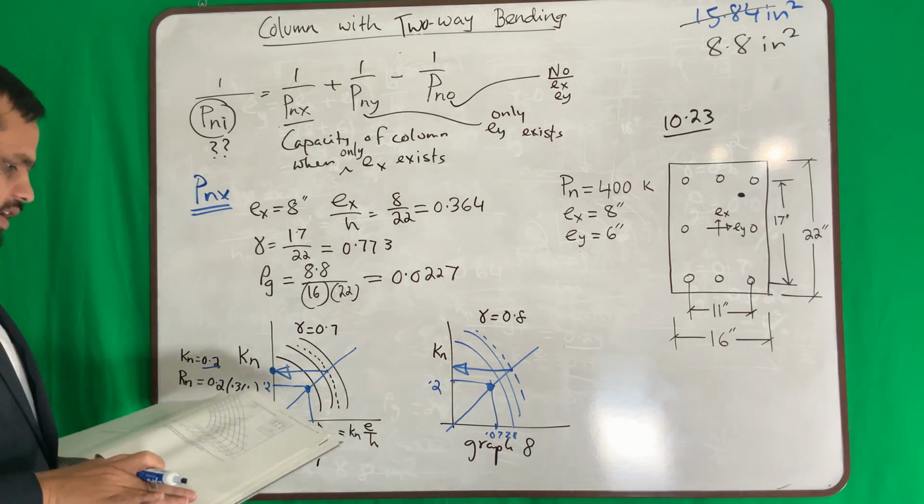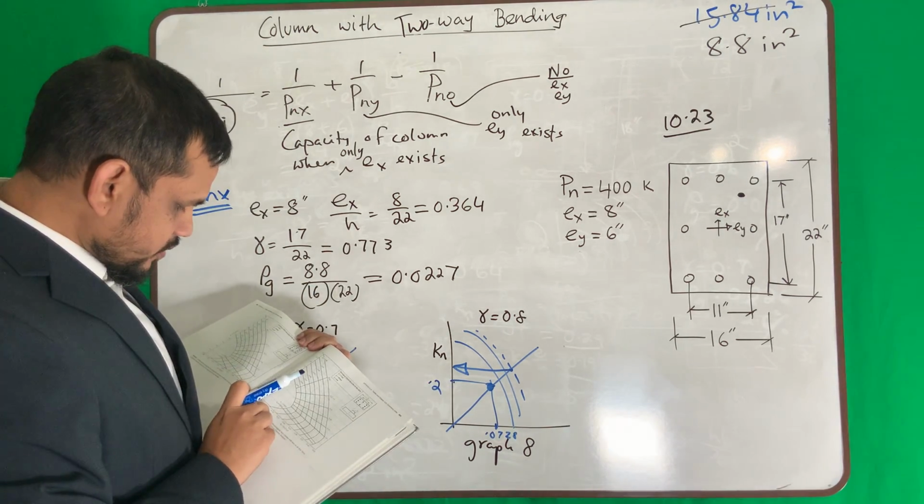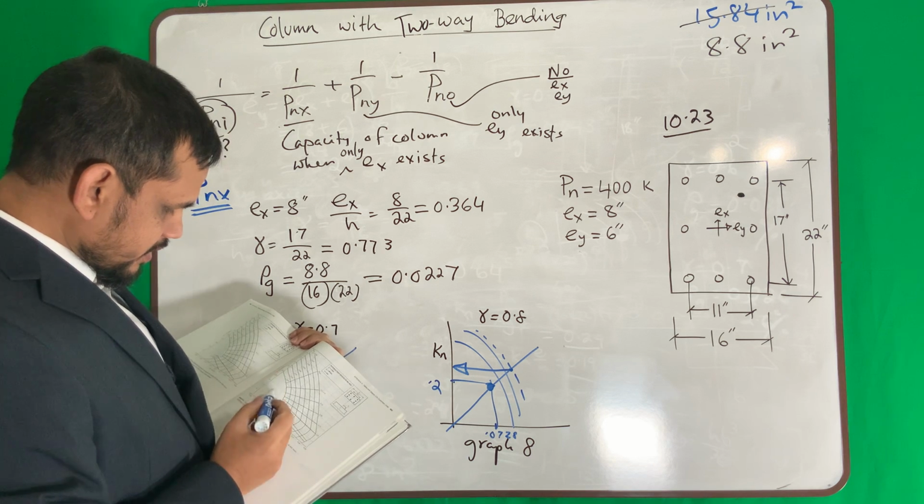Now what about the other graph? 0.2, 0.07, it will be here.